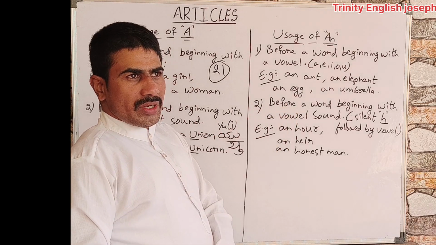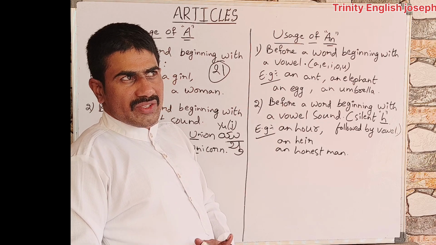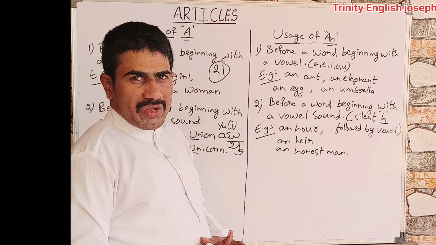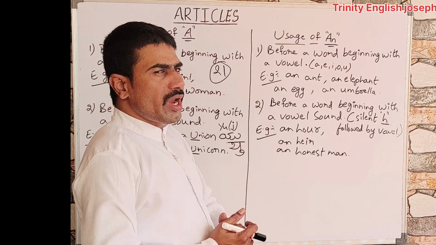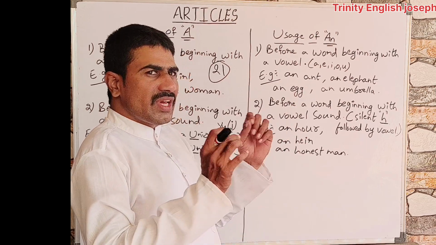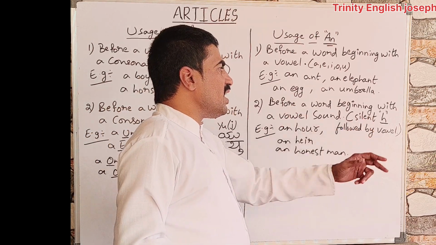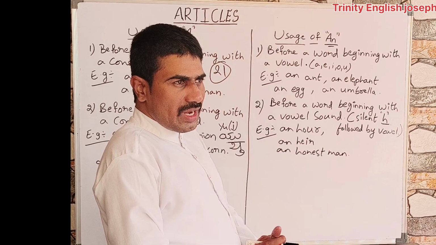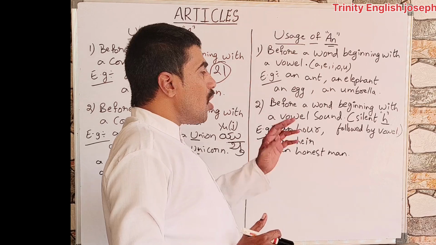As you know, students, we also have some silent letters in English. We will learn about the silent letters in our further videos. This is a unique feature of English. Whenever we have a silent H followed by a vowel, we talk in terms of vowel sounds.